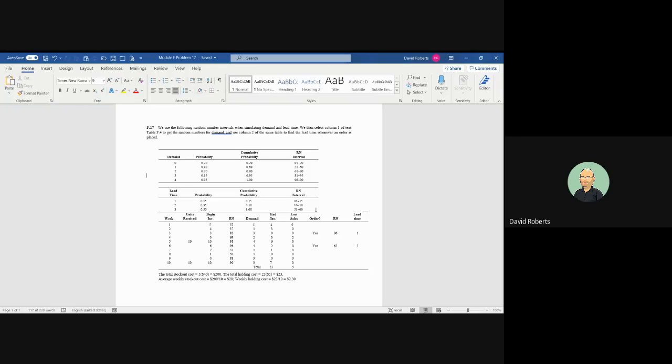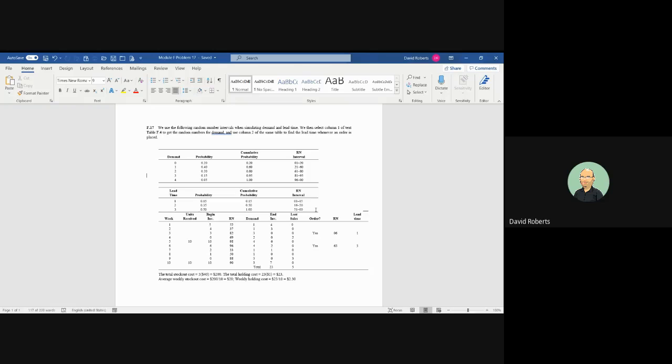Just like we did in problem 11, which again you are strongly encouraged to listen to, the lead time varies from 1 day to 3 days. There's a 15% chance that it'll arrive in 1 day, so a random number from 1 to 15 gives a lead time of 1, how long it will take to show up.